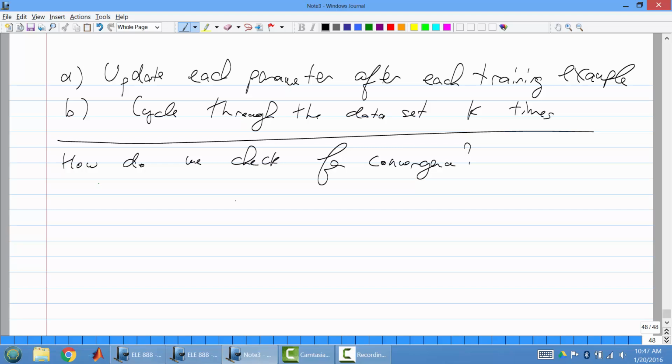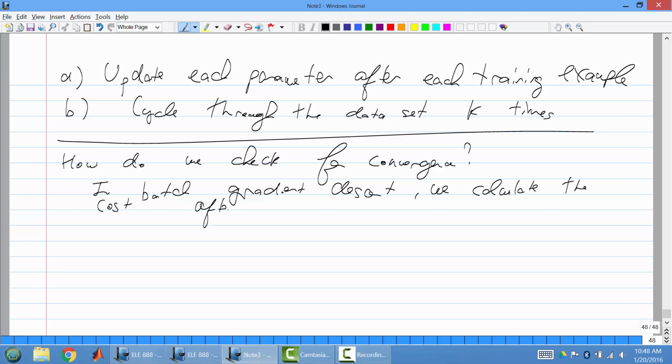So in batch gradient descent, we calculate the cost after looking at all examples.